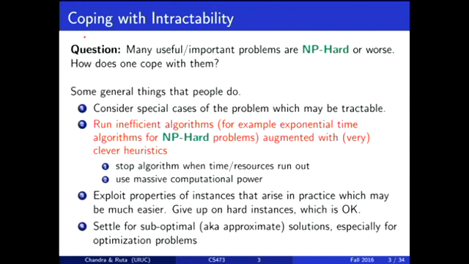What do people do? In practice, when you have to solve something that doesn't have an efficient algorithm, they do various things. I just want to go over a few ideas and then discuss approximation algorithms, which is one particular type of algorithm. So one thing people do is, I can't solve this general problem, but maybe I'll figure out a special case that I can solve.